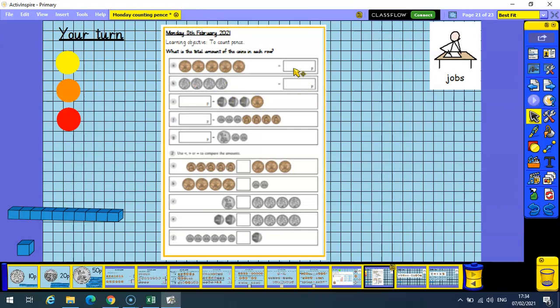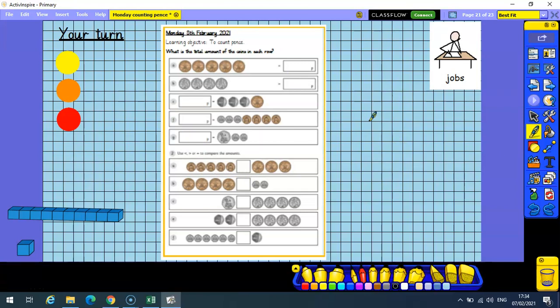And you write the total amount in the box. And then this one, you need to remember the symbols: greater than, less than and equal to, and that goes in the box depending on if this side has more or less or the same as this side.